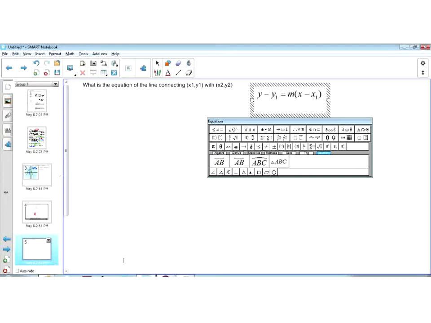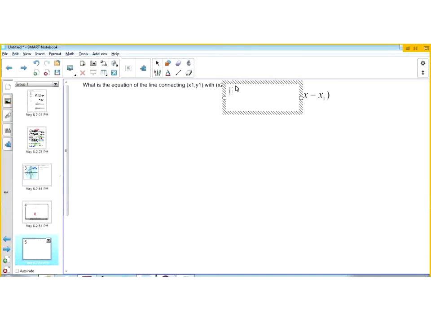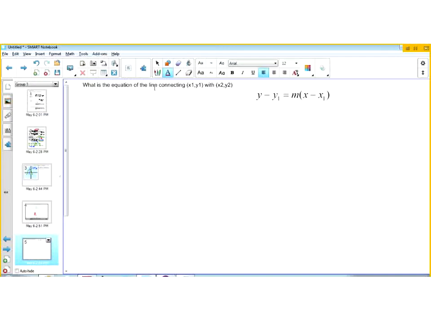Okay, so this is the so-called point slope form for the equation of a line.